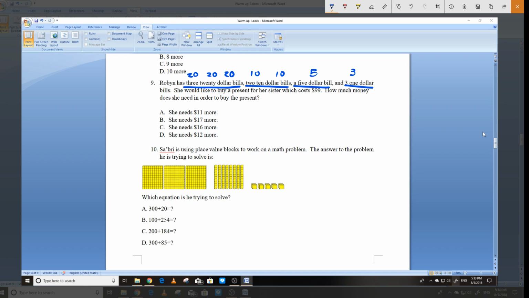To figure this question out, we are going to have to add her money up first. So what is 20 plus 20? This is going to give us 40. 40 plus 20, that is 60. 60 plus 10, 70, plus another 10, 80, plus 5, 85, plus 3, 88.